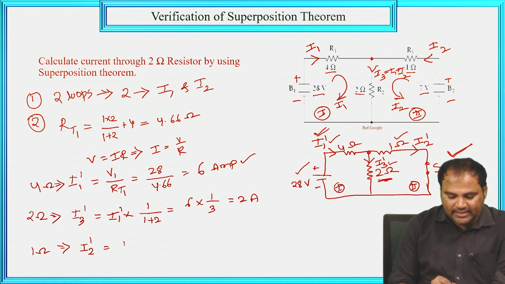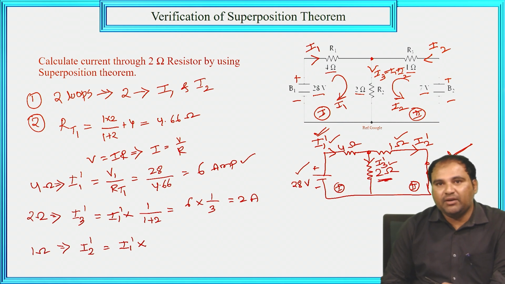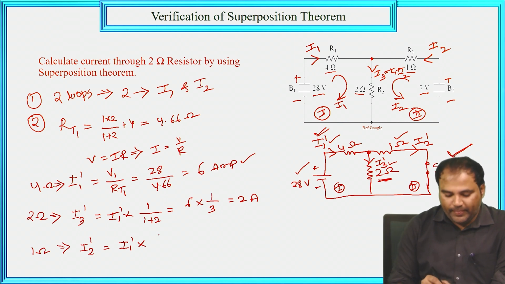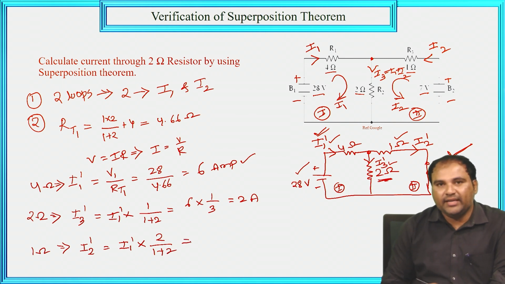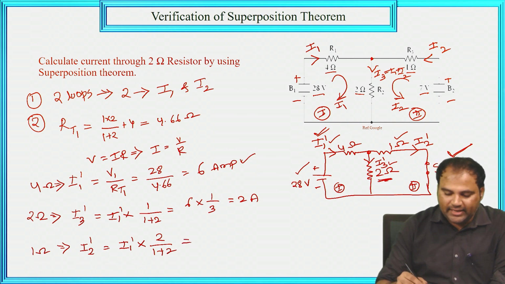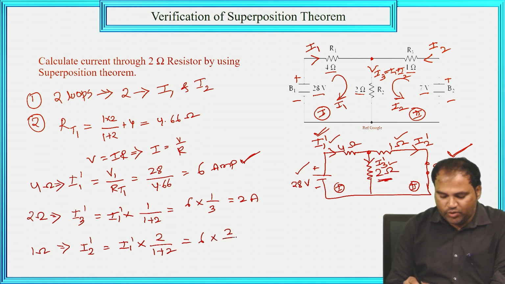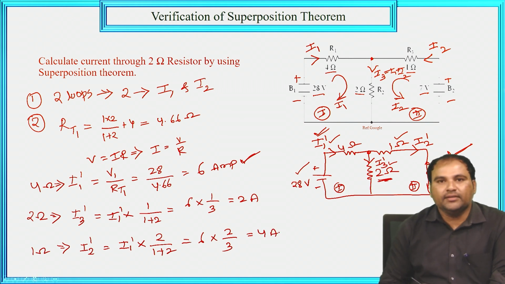Total current I1 dash, 6 ampere, into the opposite element of 1 ohm, which is 2, divided by 1 plus 2. So 6 into 2 divided by 3 is equal to 4 amperes.